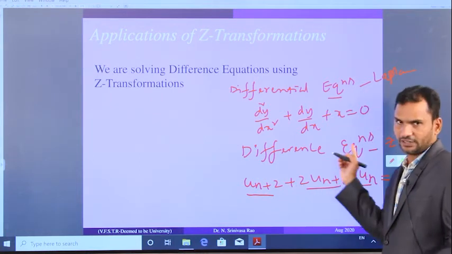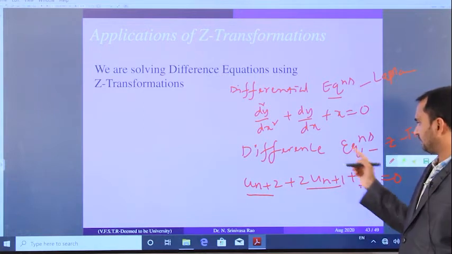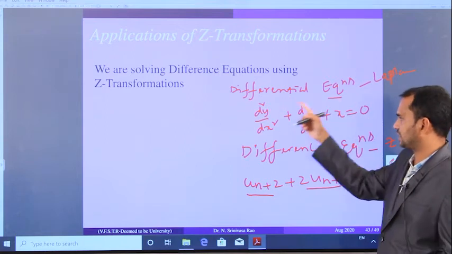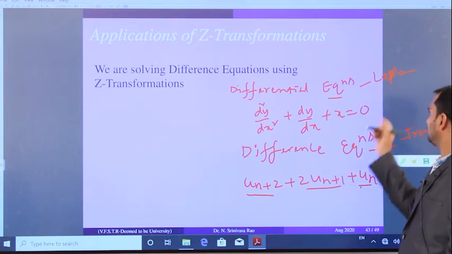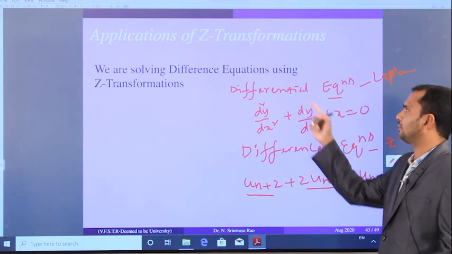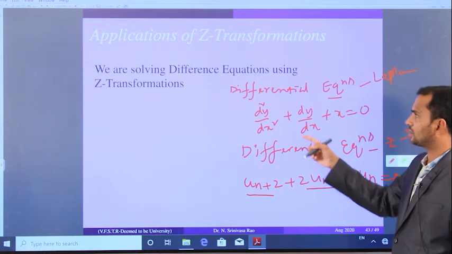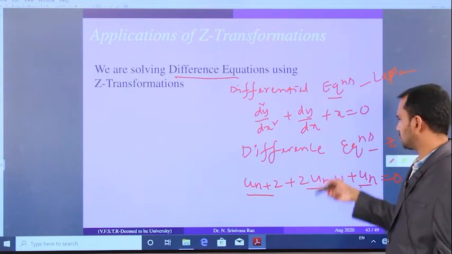The relation between these sequences we call a difference equation, whereas an equation which contains derivatives is called a differential equation. Using Laplace transforms we solve differential equations. Now using Z transformations we solve difference equations. So identify between these two.